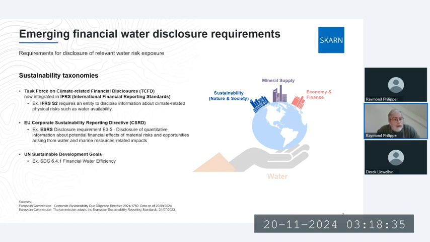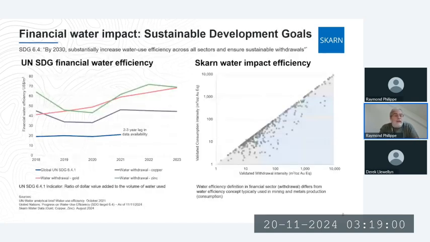Another interesting financial parameter associated with water use is a sector-agnostic indicator: the financial water efficiency set up by the United Nations as one of the Sustainable Development Goals, specifically 6.4.1. I'm going to have a slide on that here. SDG 6.4 states that by 2030, we should substantially increase water use efficiency across all sectors and ensure sustainable withdrawals. We're talking now about water withdrawals, not water consumption, and that's important to note.